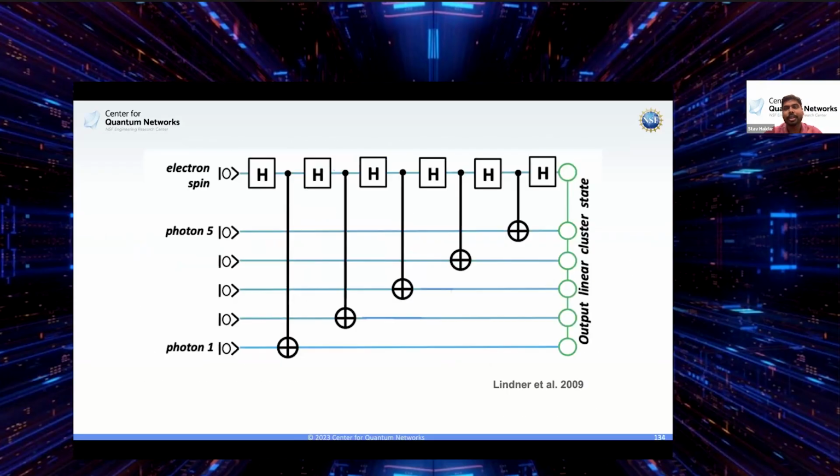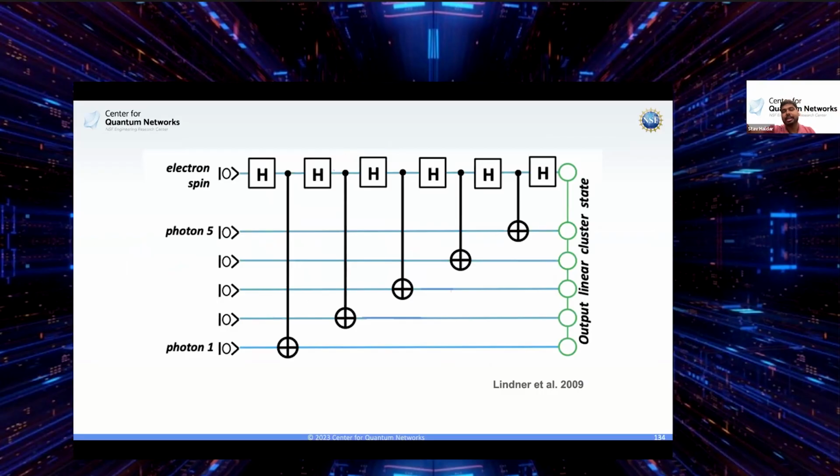And now if you keep on doing this repeatedly, right? So you have that electron spin, you do a Hadamard, you do a CNOT, another photon comes out, you do another Hadamard, another CNOT, another photon comes out. So you keep generating photons out of the same atom or the same spin. And each of them, because they are generated from the same atom, are not only entangled with the atom, but they are also entangled with each other.